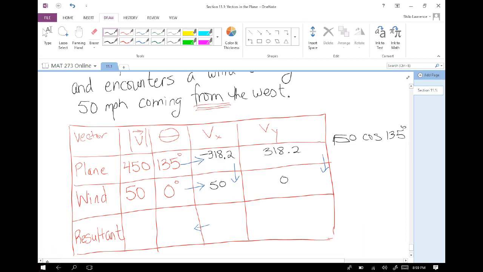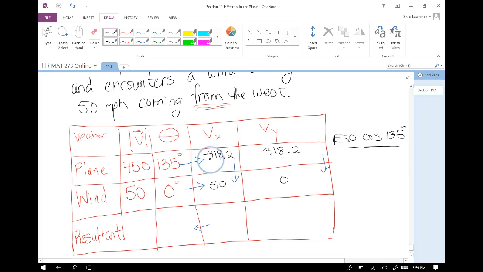So I've just gone ahead and used my calculator to figure out all of these values, and I filled the values into the table. I just used those cosine and sine formulas that we talked about a few minutes ago. And now that we're in component form, the x component for our airplane and the x component of our wind point in the same direction, so we are now allowed to combine the components.